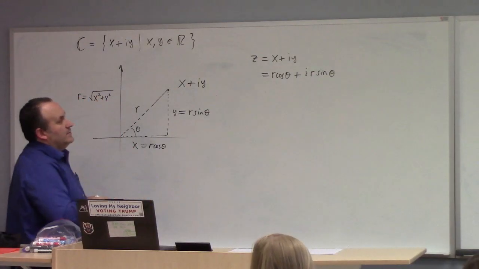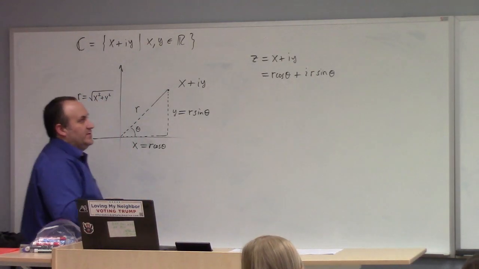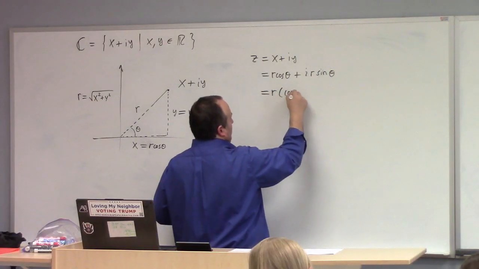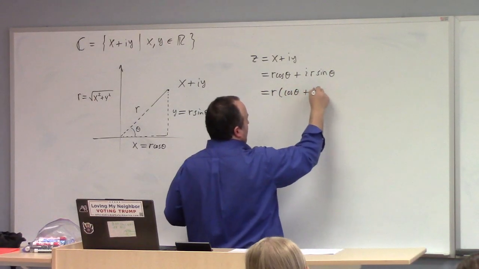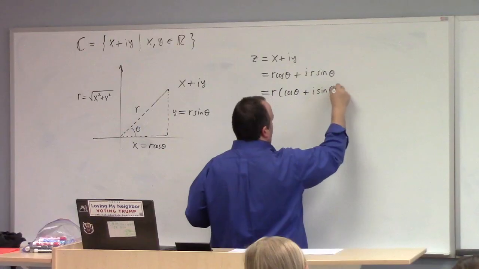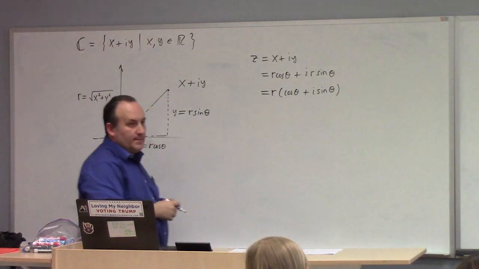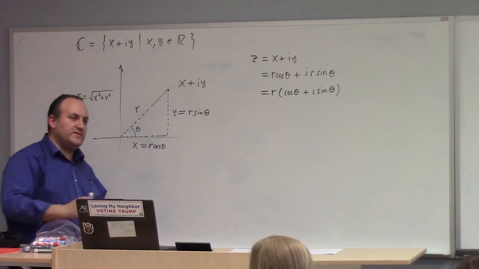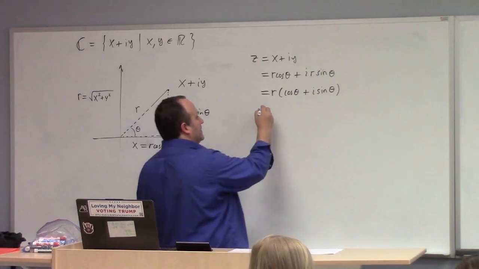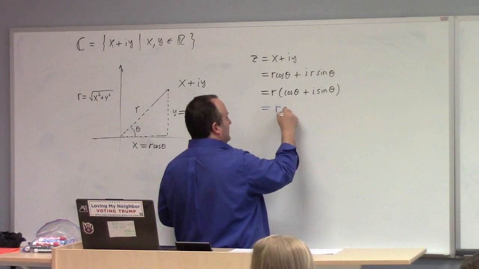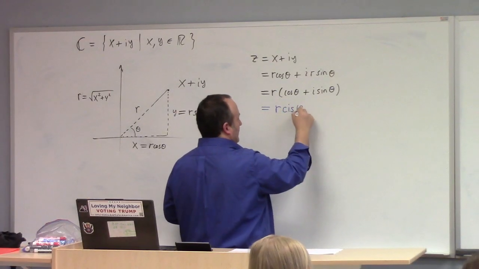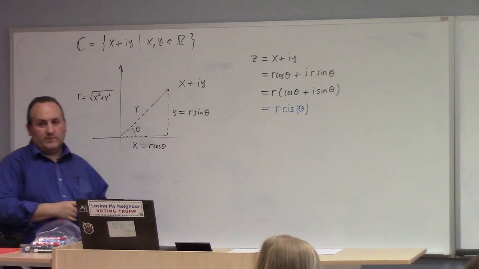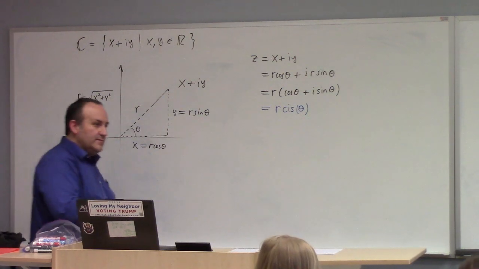All right, so you can factor the r out, and that will give you cosine theta plus i times the sine of theta, right? And a notation people used to use for this would be this, r cis theta. But I don't like this cis notation.